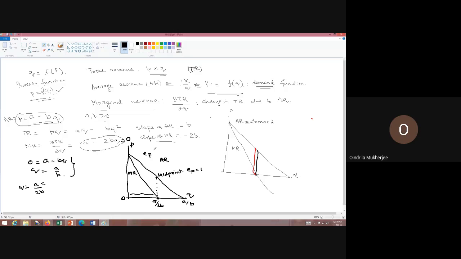Relatively elastic, so greater than 1. And over here, it is less than 1. At the midpoint, elasticity is equal to 1. Okay, so we will require these relations later on. In your second semester, you don't have micro, but in your third and fourth semester, you will require this diagram. So keep it very safely in your memory.